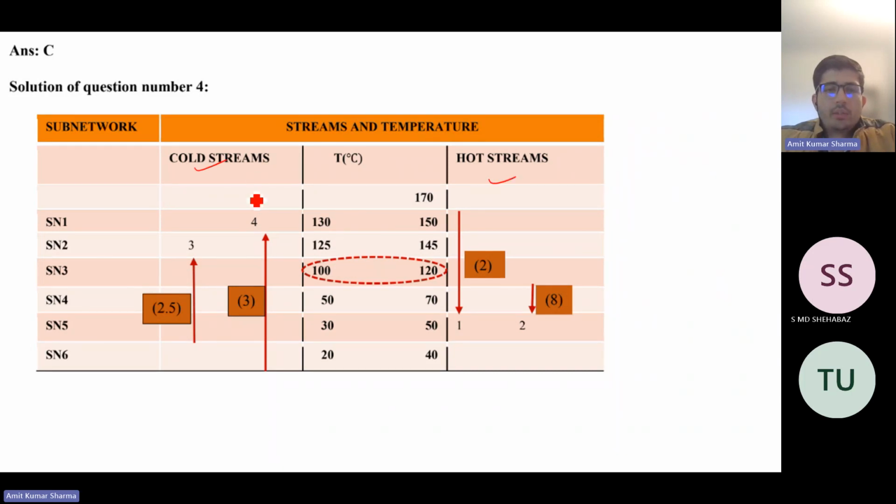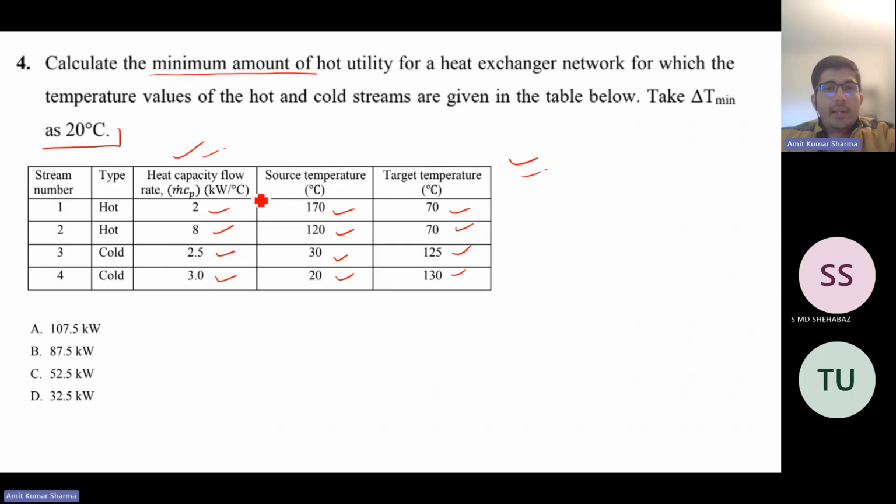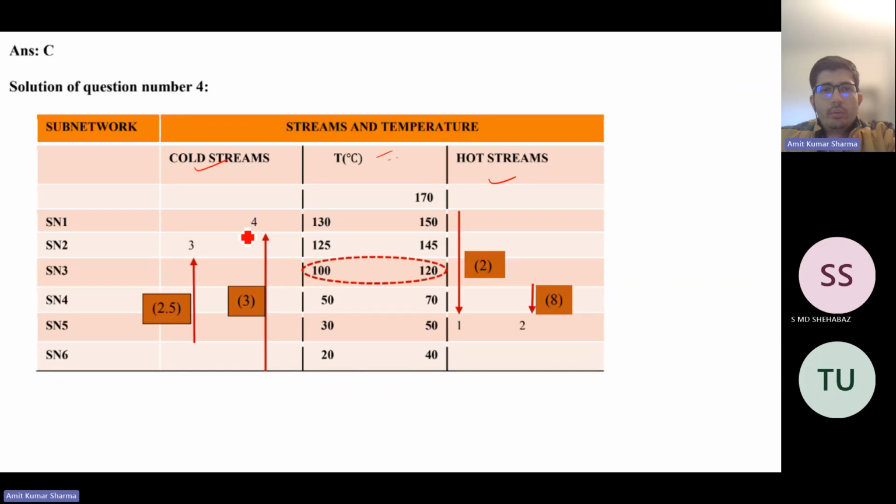Okay. Mention all the temperatures that are known to you. And we have been given the delta T minimum temperature difference. So based on that, you have to find out the other temperatures and always try to maintain a minimum difference of 20. Okay. Try to recall this now.